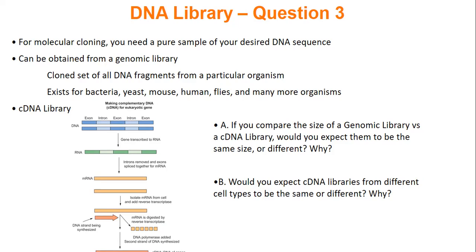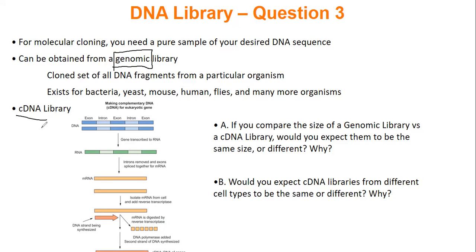There's two common types of DNA libraries. One's a genomic library, one's a cDNA library. A genomic library is where you just take the genome of an organism and you chop it up and you store all that information.